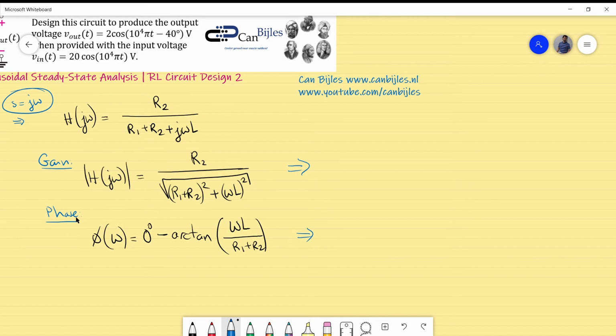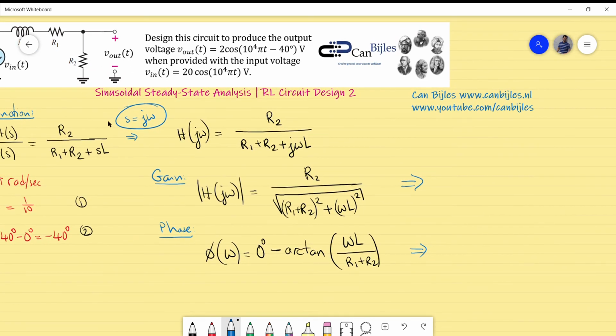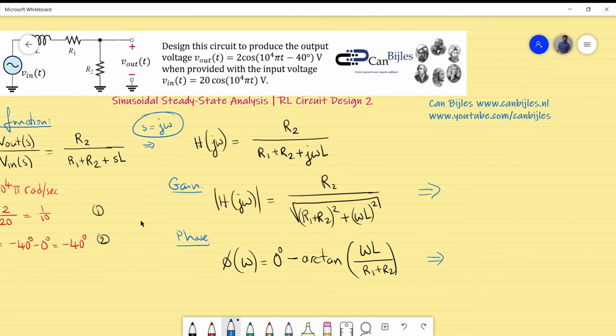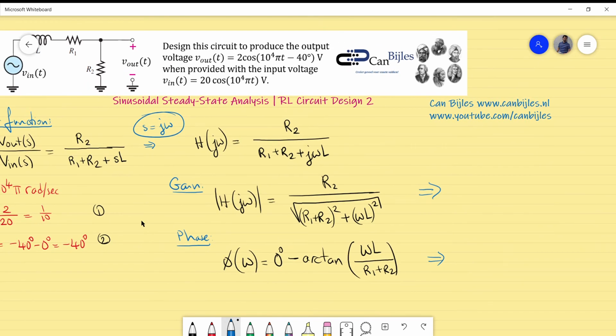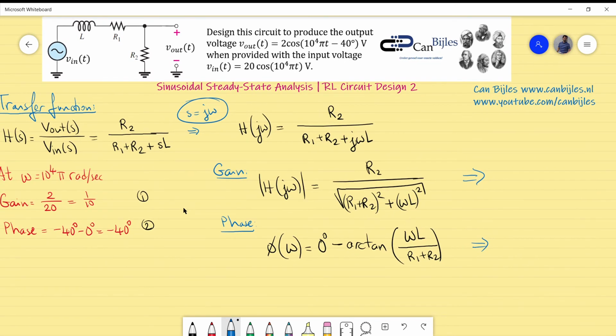So I have to select one of the components. It doesn't matter which component you select, but you have to select one of them. It can be a resistor, it can be the inductor, or you can take this resistor or that resistor. You have to select one because we have two equations with three unknowns, so we cannot make a unique set of parameters.